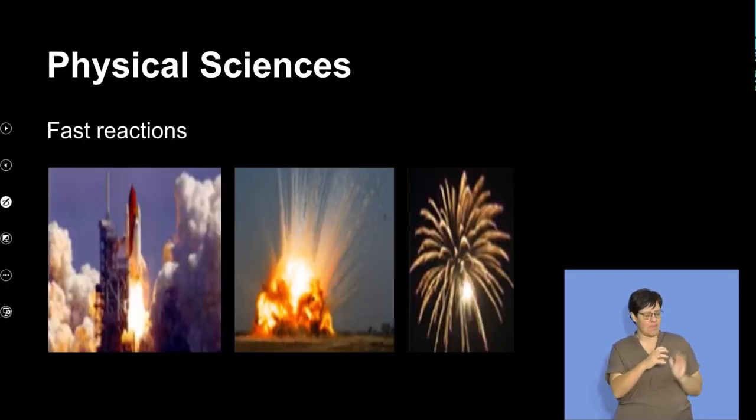Here I've got a slide on fast reactions. If we look at these three photographs, we can see combustion and explosion. Fast reactions, as the word says, are very quick reactions. They happen over a shorter time.